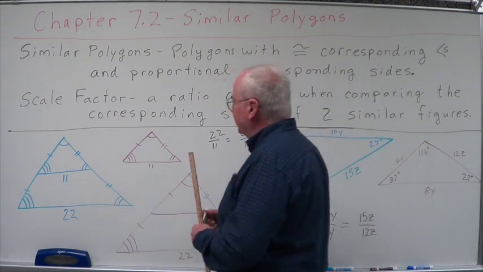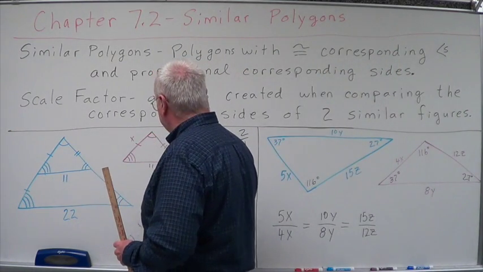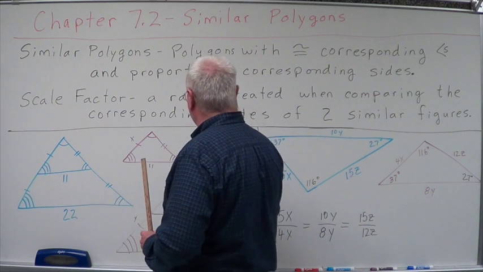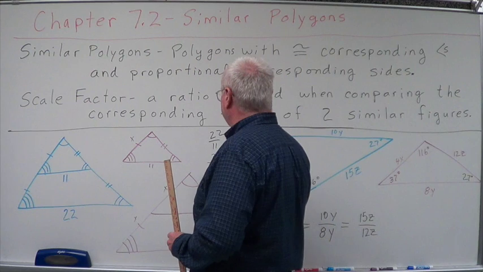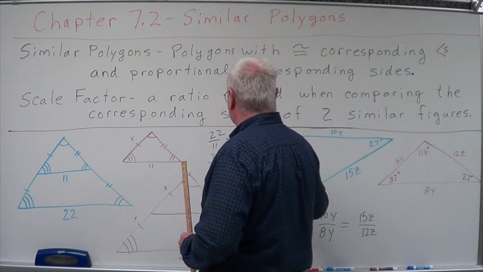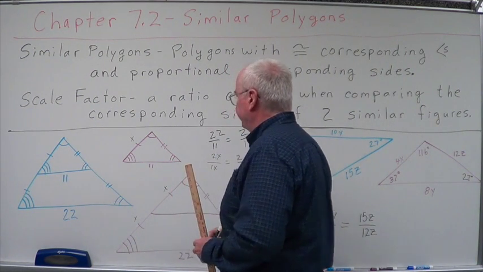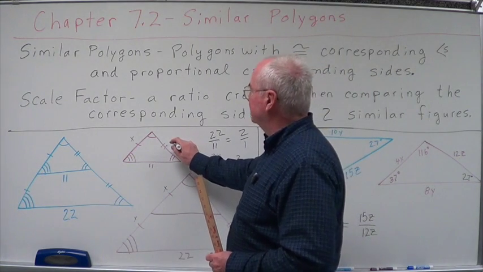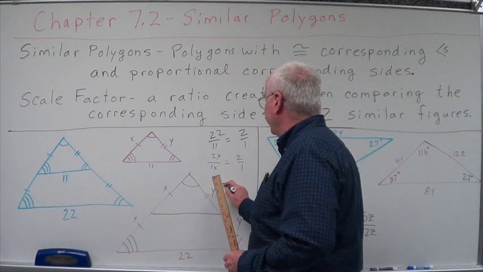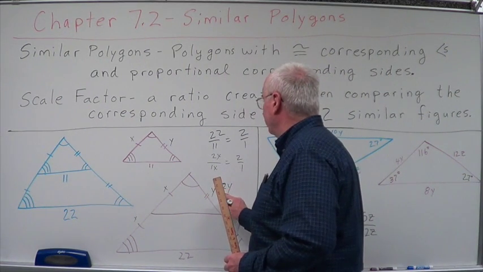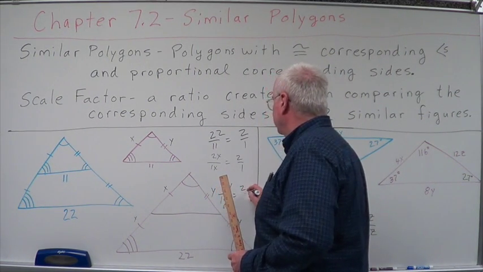So if we were to call this x, we'd have x there and x there. We'd have 2x over 1x equals 2 to 1. Well, let's call this y. That's y. That's y. We'd have 2y over 1y equals 2 to 1.